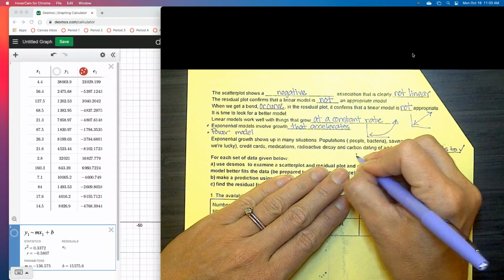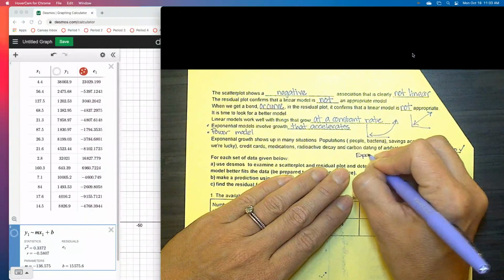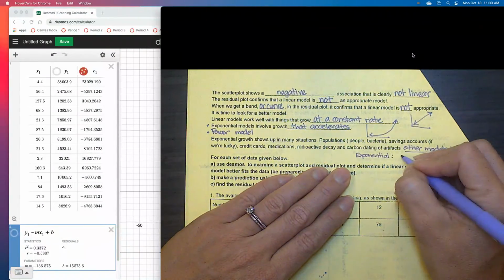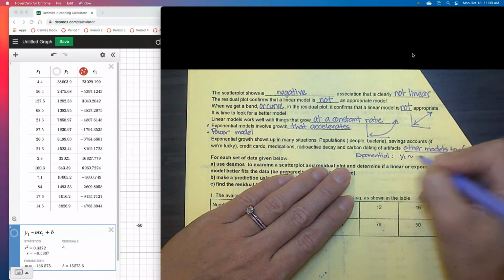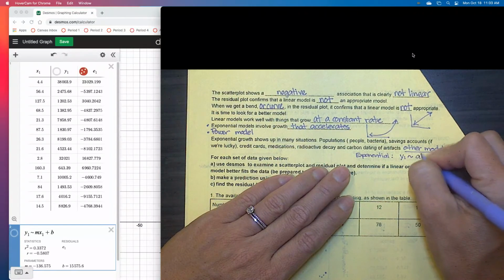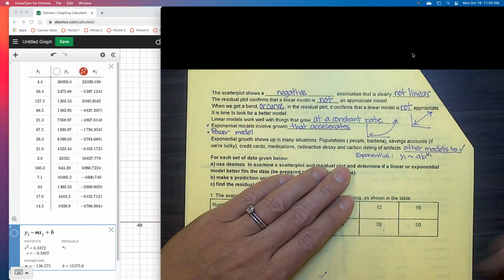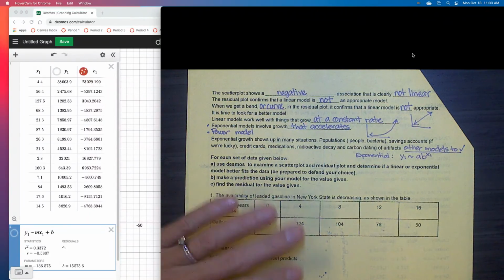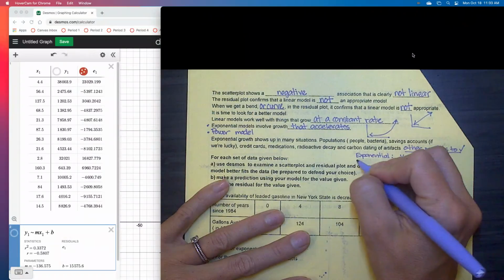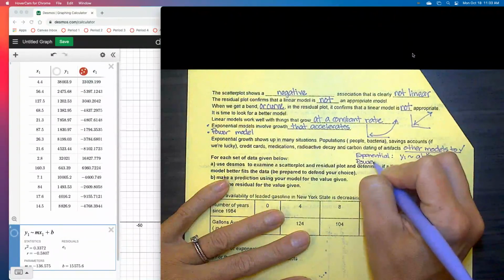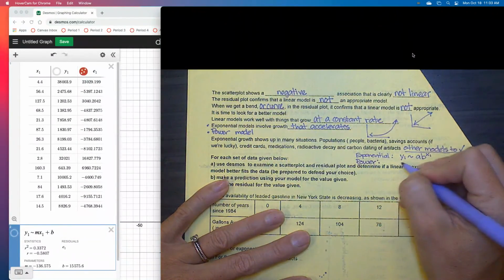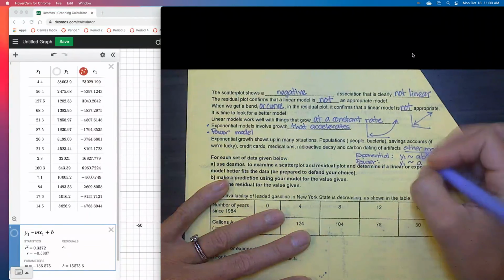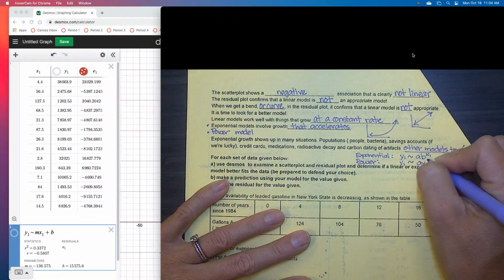One is going to be your exponential model. To check that model in Desmos, you're going to type in y1 tilde a b to the x1 power. So the x is up in the exponent. Now the other model you can check is the power model. To check that one, you're going to type in y1 tilde a x1 raised to the b power.